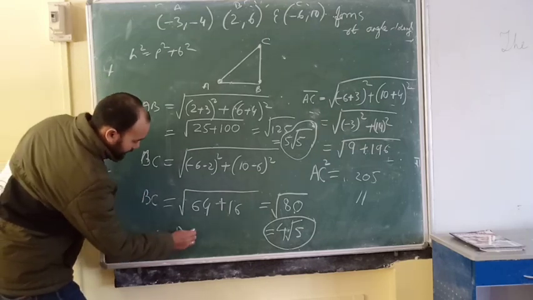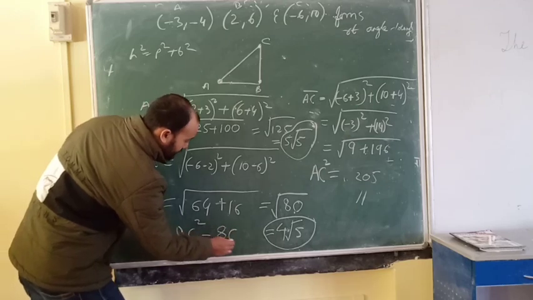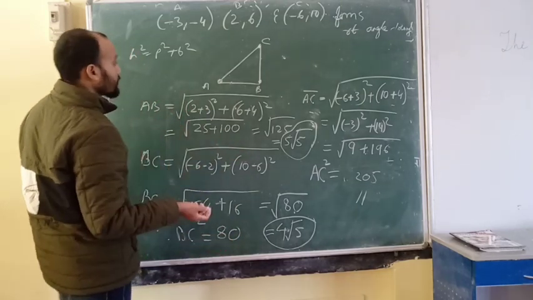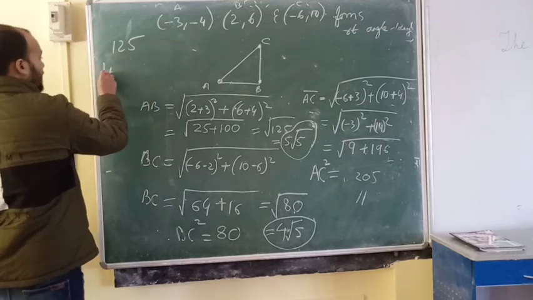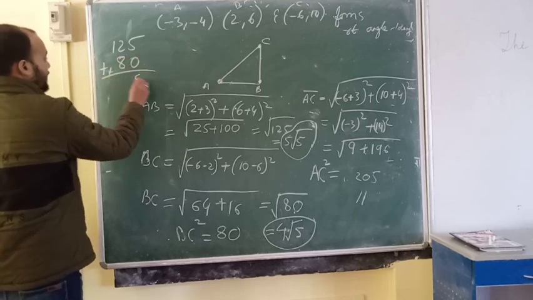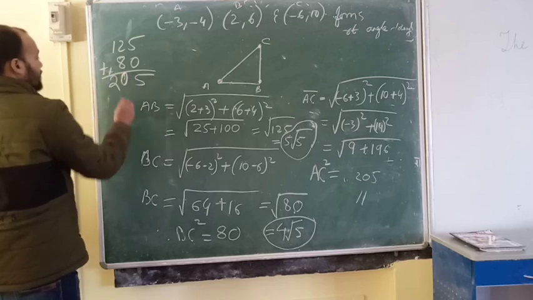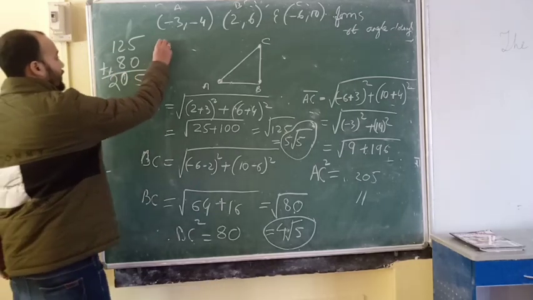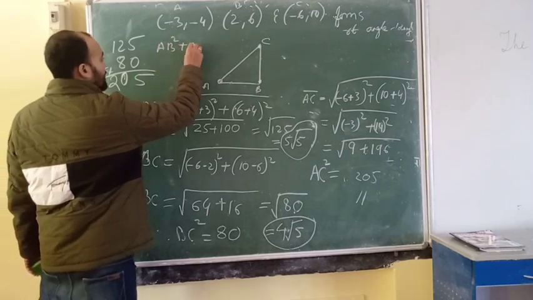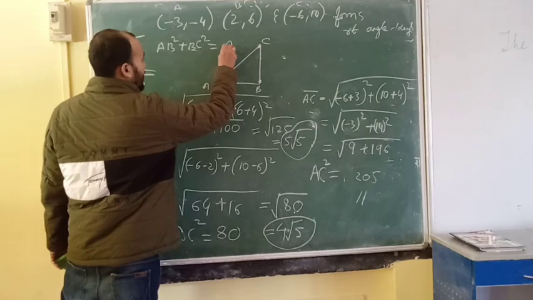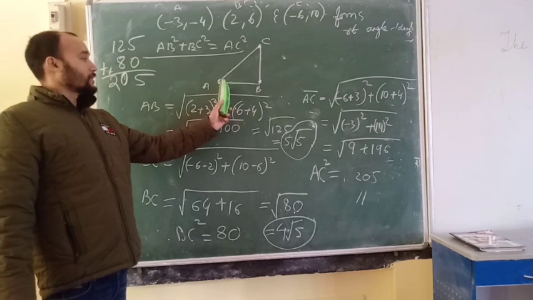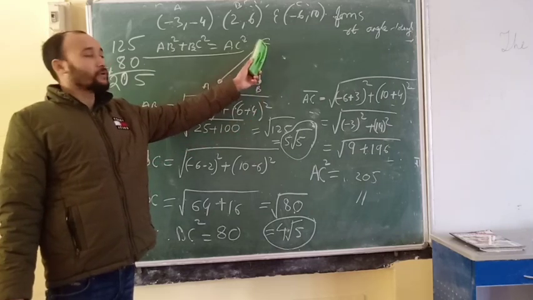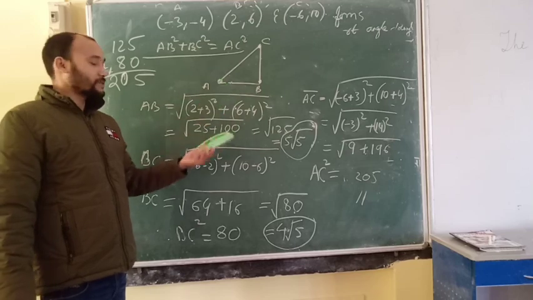Therefore BC square equals 80, and AB square is 125. Now 125 plus 80 is 205. That is AB square plus BC square equals AC square. Is it satisfying? Yes, it is satisfying. That means the square of this side plus the square of this side gives the square of this side. That means it is a right angle triangle.